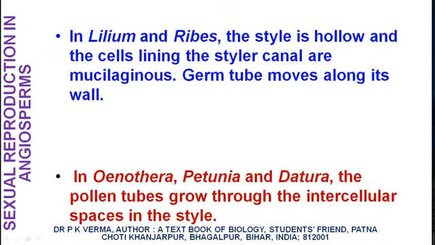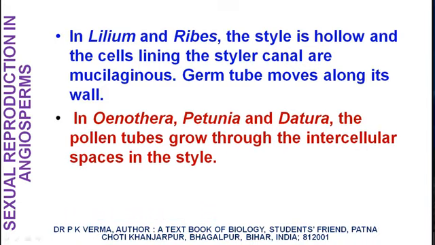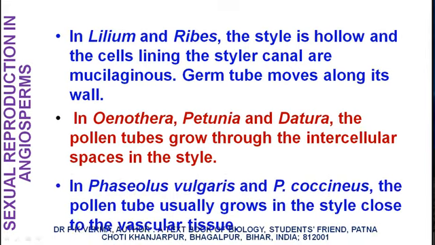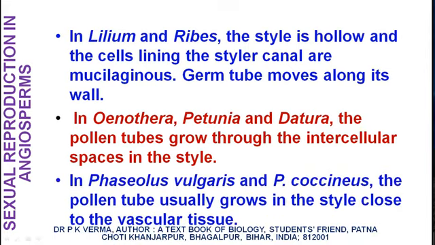In Oenothera, Petunia, and Datura, the pollen tubes grow through the intercellular spaces in the style, that is, the spaces present in between the parenchyma cells. In the third exception, Phaseolus vulgaris and Phaseolus coccineus, the pollen tube usually grows in the style close to the vascular bundle.